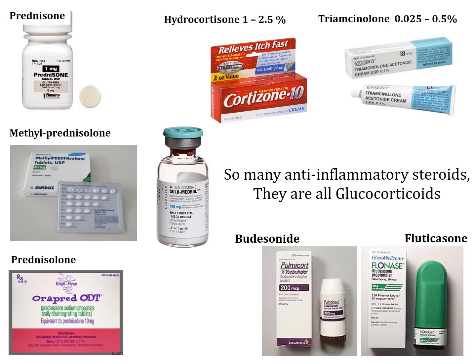So, there are a lot of different anti-inflammatory steroid drugs. Remember, if the drug is an anti-inflammatory steroid, it has to be a glucocorticoid. It has to look like, act like cortisol. We have anti-inflammatory oral steroid tablets.